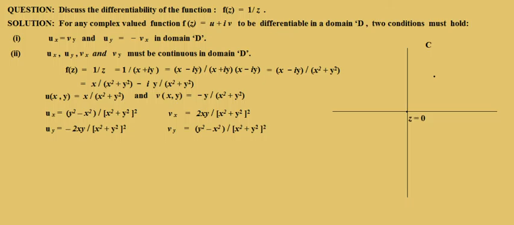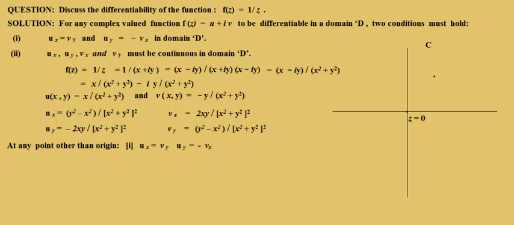Now clearly we can say that at any point other than origin, ux = vy and uy = -vx. So at any point other than origin, the first condition is satisfied, that is ux = vy and uy = -vx.